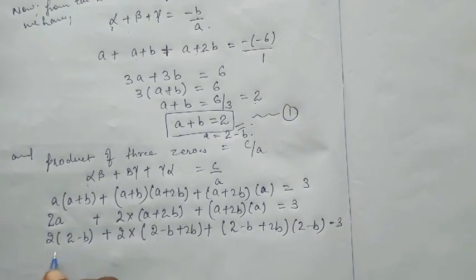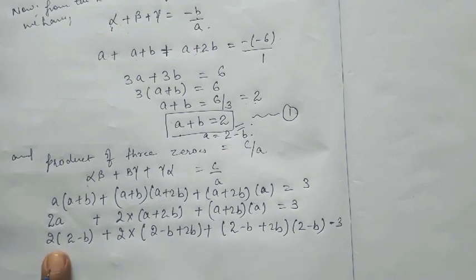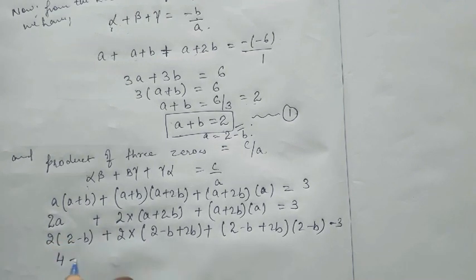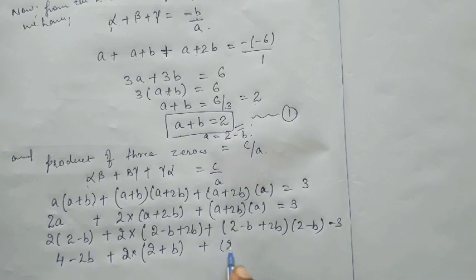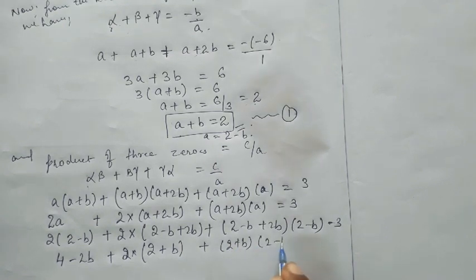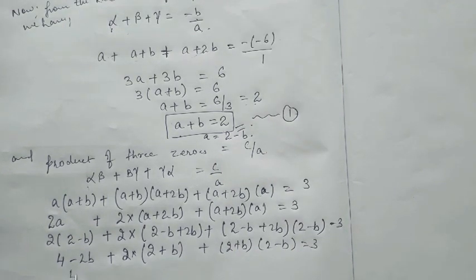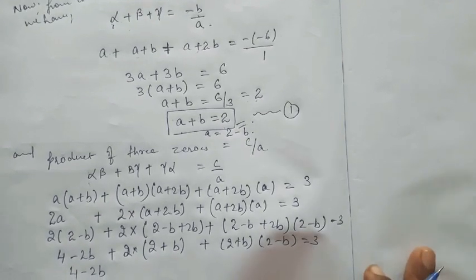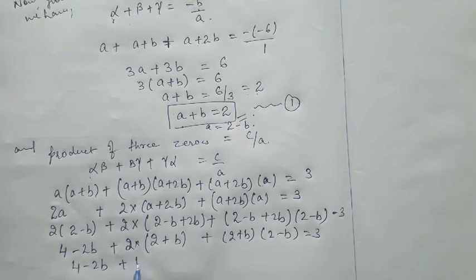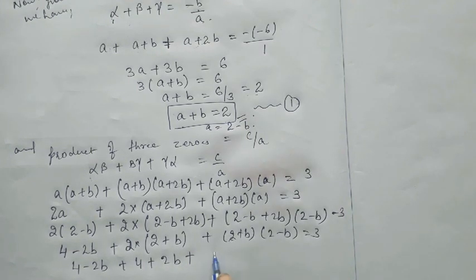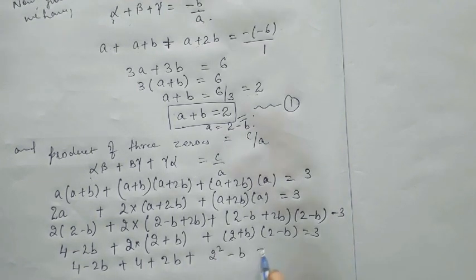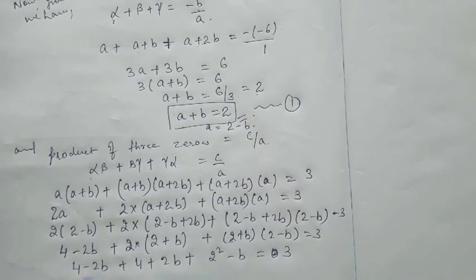So now after solving I'll get 2 into 4 minus 2b, 2 into, we can solve in the bracket, 2 plus b plus 2 plus b, 2 minus b is equal to 3. You can solve it for 4 minus 2b plus 2 into 4 plus 2b, and here it is a plus b into a minus b, that is 2 square minus b square, equal to 3.